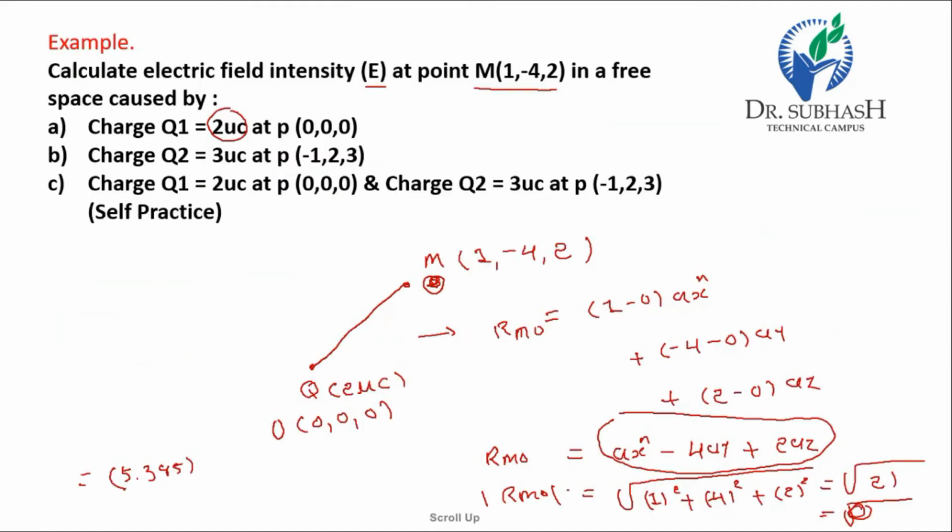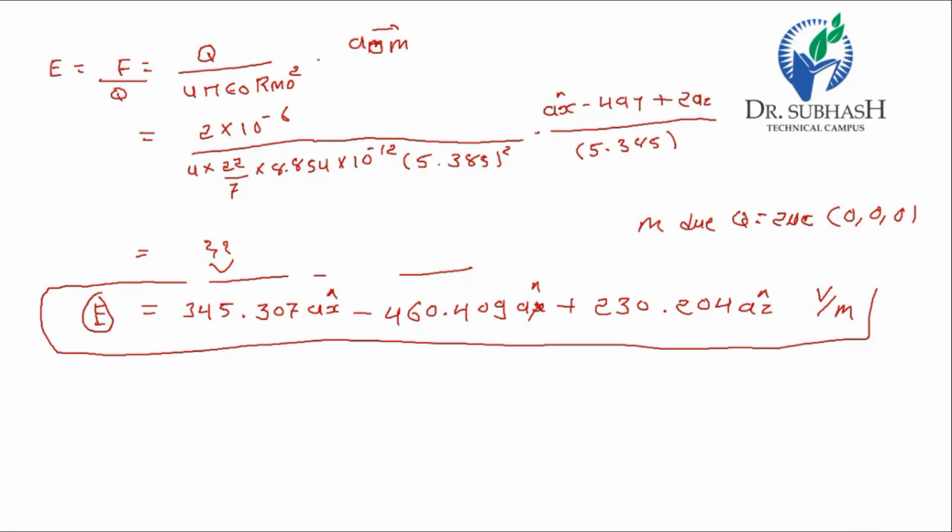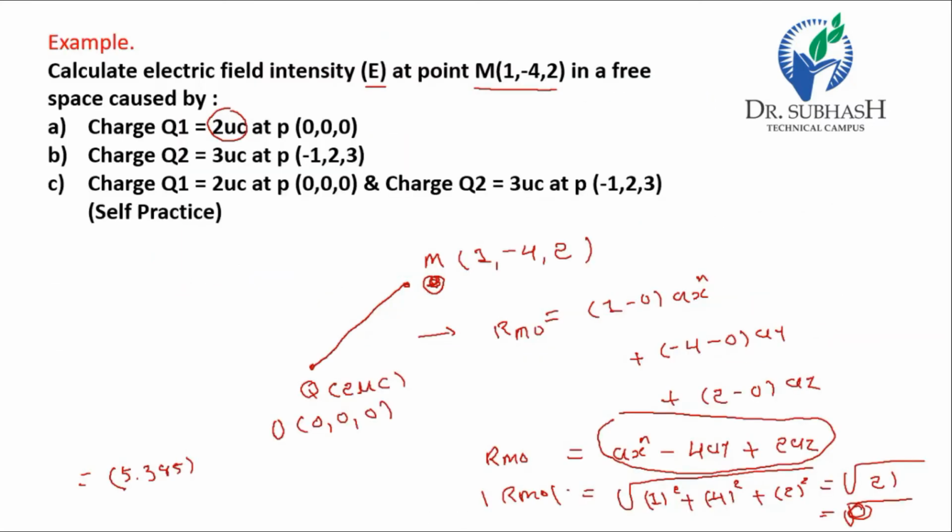Okay. In case B, we have the given charge Q2, which is 3 microcoulomb at point P2 equal to minus 1, 2 and 3.